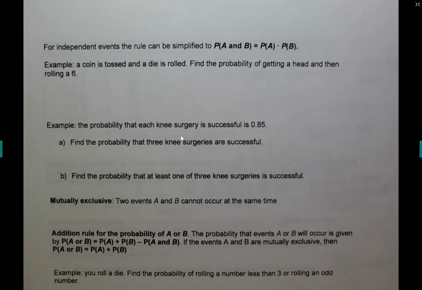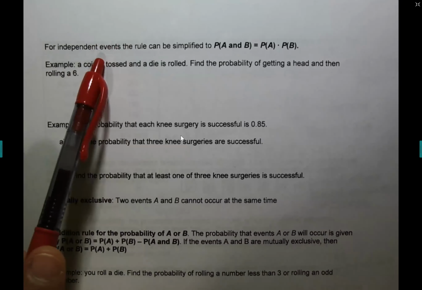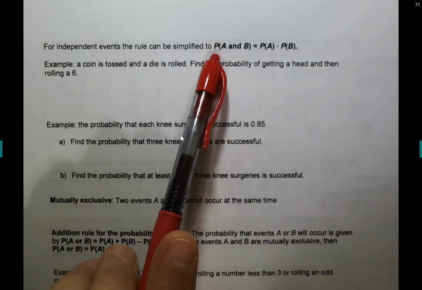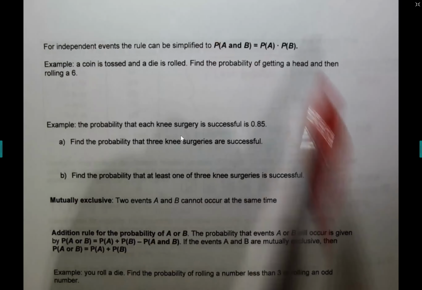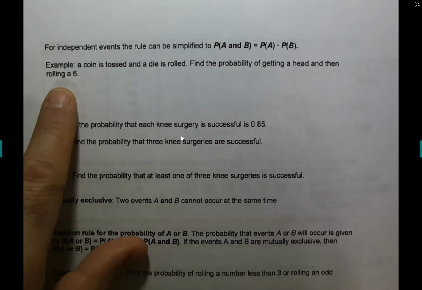Okay. If two events are independent, guys, that means the probability of event A and event B is the probability of A times the probability of B. And I'm going to give you an example right away, right here. This is a very good example to explain this.